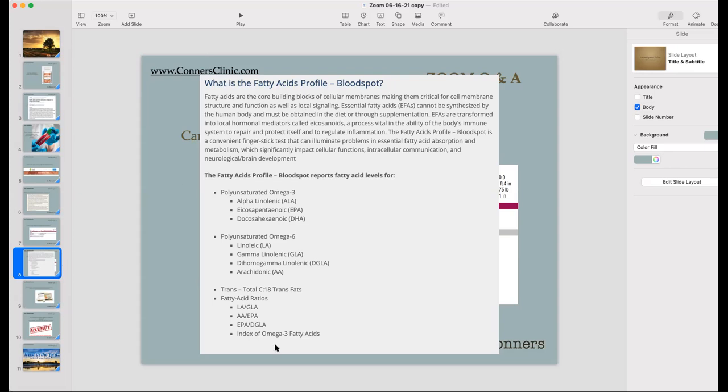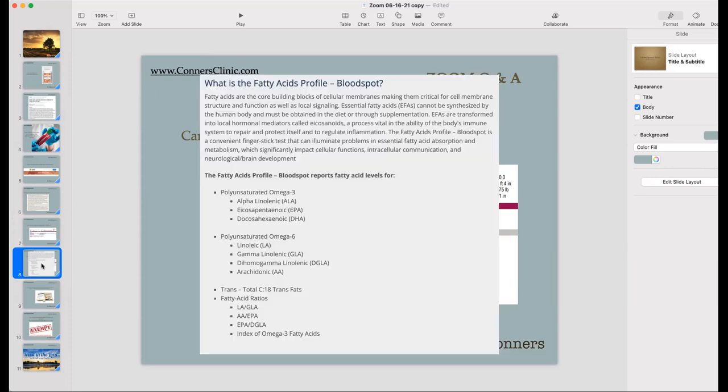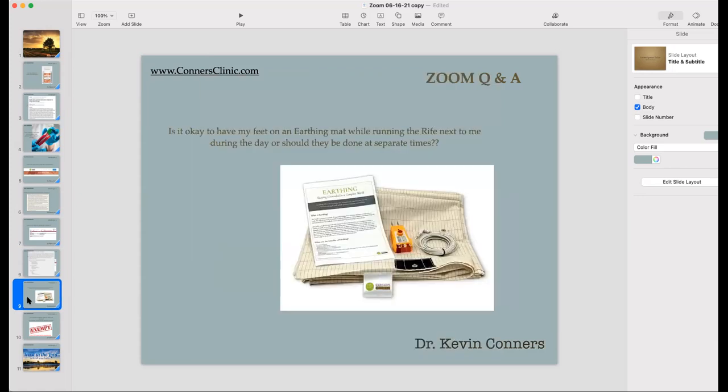So yes, we can order these tests. I don't currently have the kits for the fatty acid profile. We just need to order them, and it takes a few days. We have all the ZRT kits for hormone profiles, zinc copper ratios, and vitamin D tests. They're not necessary, but they can give us good ideas about different things, so they can have lots of benefits.